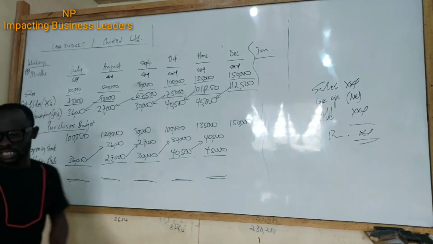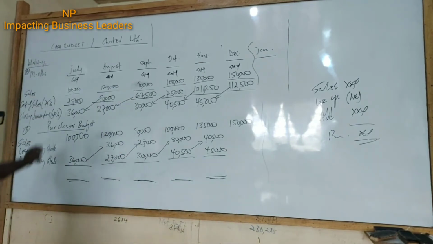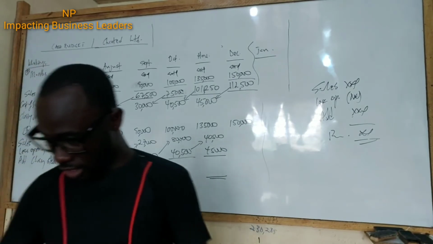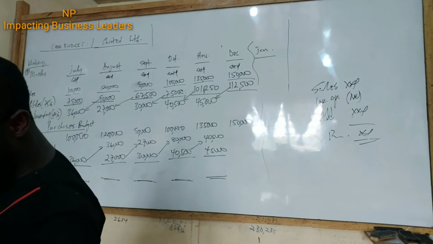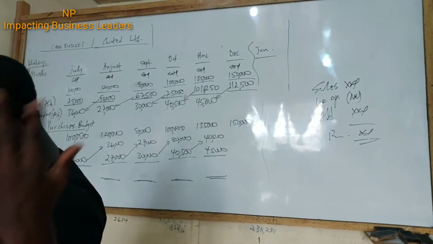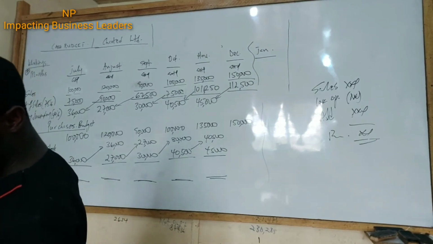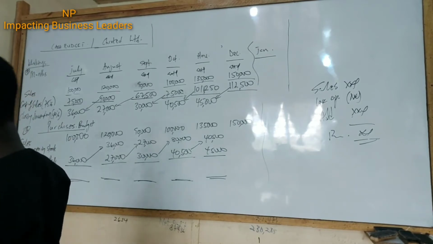Now remember, was there any opening stock at July? Let's go back to the question and see if there was. Yes, there was. It says, note VII, the actual cash balance at the end of August is 10,000, and inventory of finished goods at the end of August is 30,000.